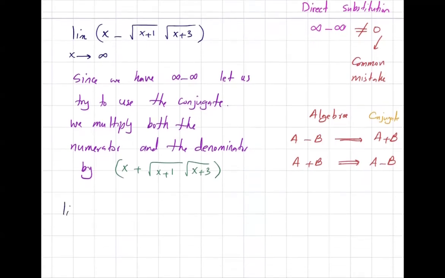So we want to calculate the limit of x minus square root of x plus 1 times square root of x plus 3, divided by 1, as x goes to infinity.